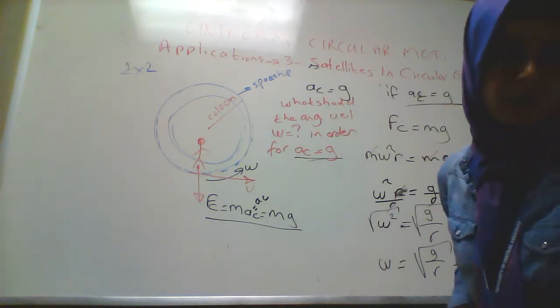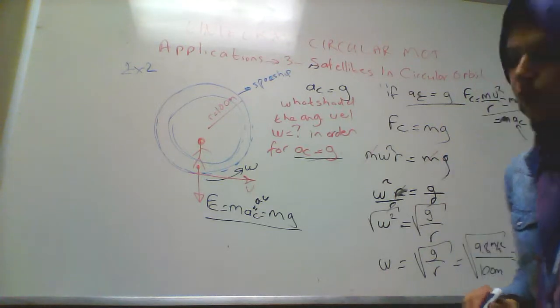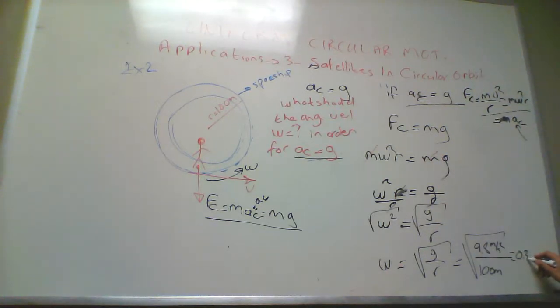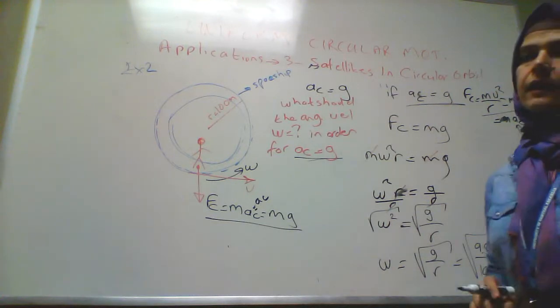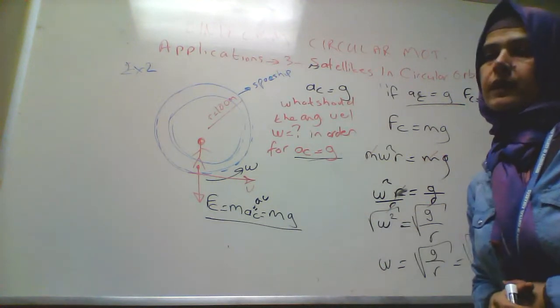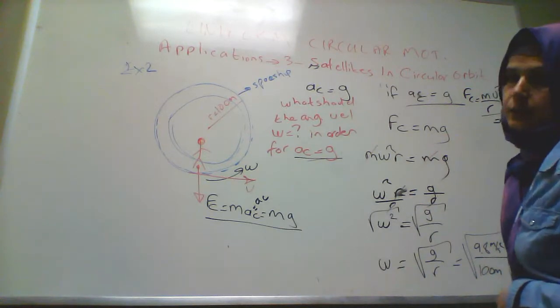We should find omega from here, 0.3 radian per second. The unit for angular velocity is always radian per second.